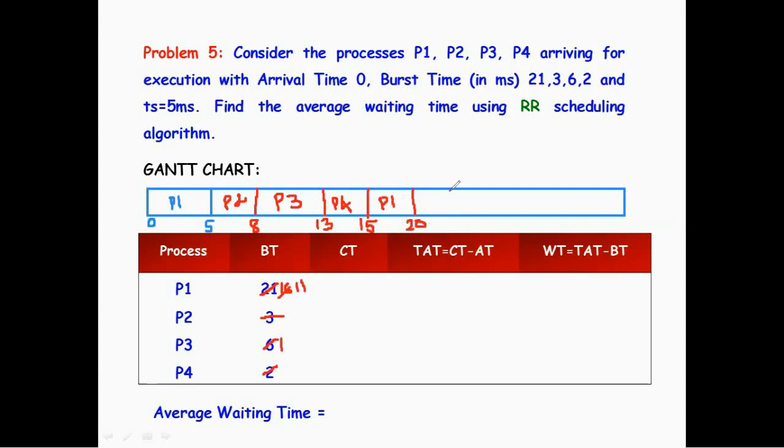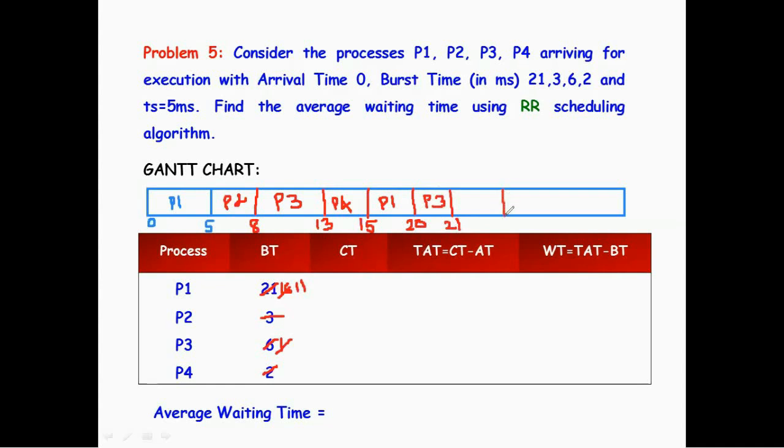So from the 20th millisecond to the 21st millisecond, P3 gets scheduled. Now P3 has completed its execution.